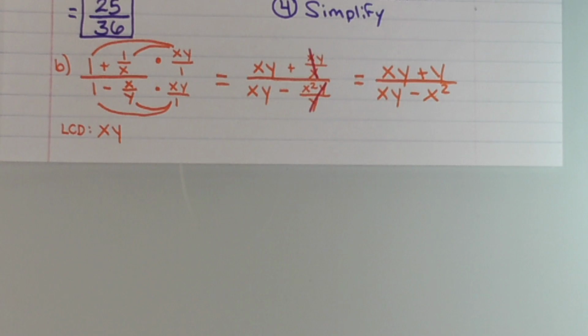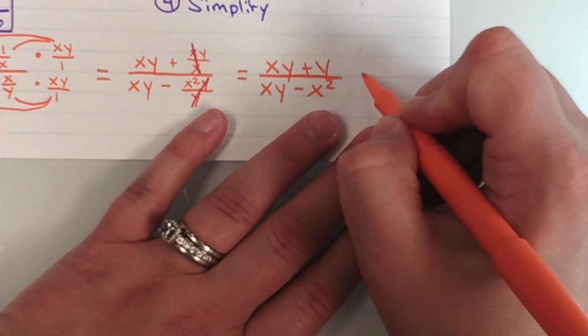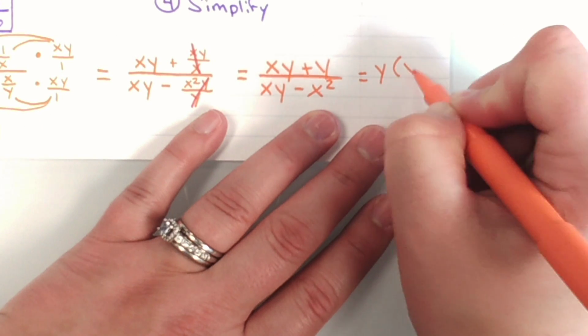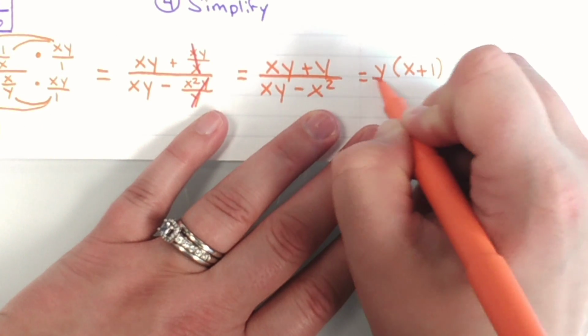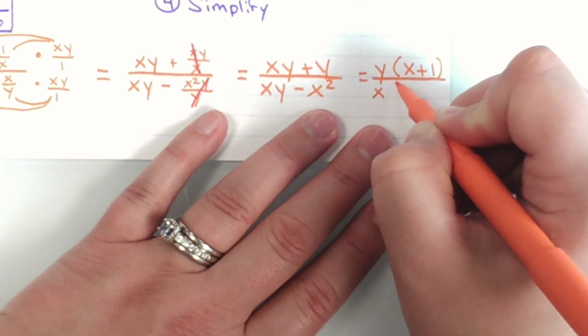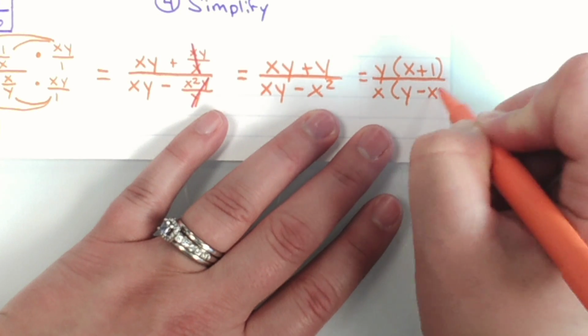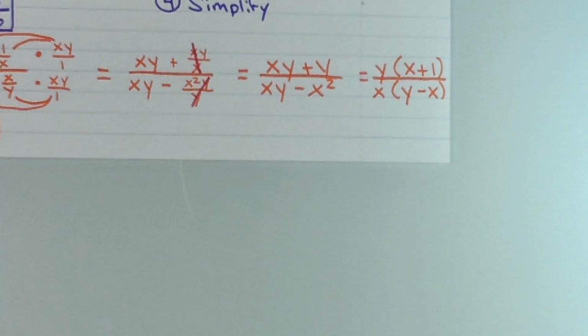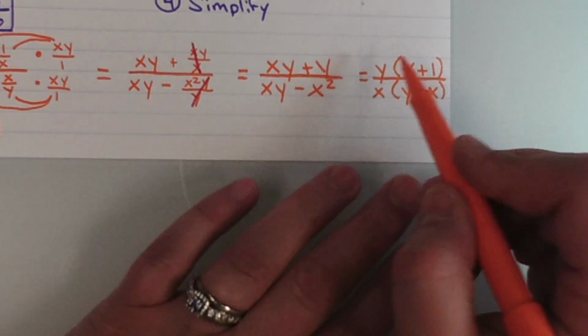Since there's addition or subtraction, if I want to simplify, I would factor. Numerator, I factor out a y, I'm left with an x plus 1. Denominator, I can factor out an x, I'm left with a y minus x. Does it actually simplify? No. Is it the same thing I got doing the other version? Yes.